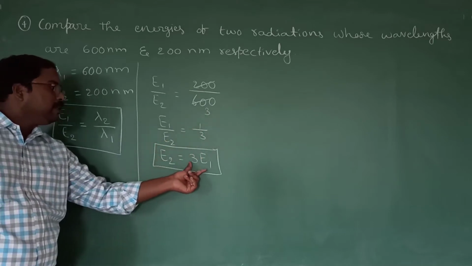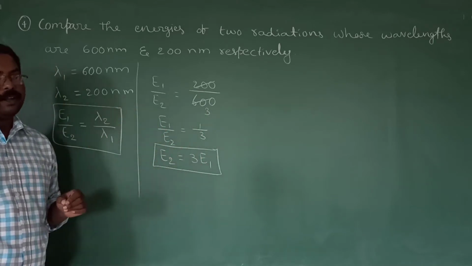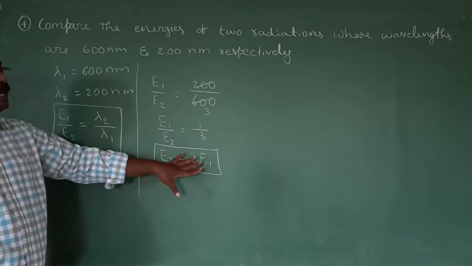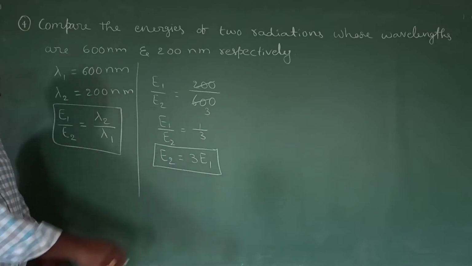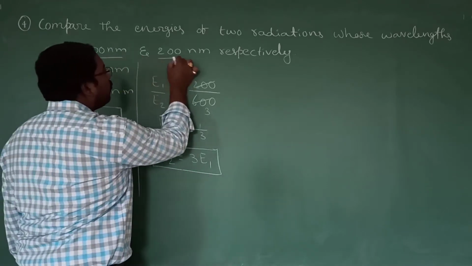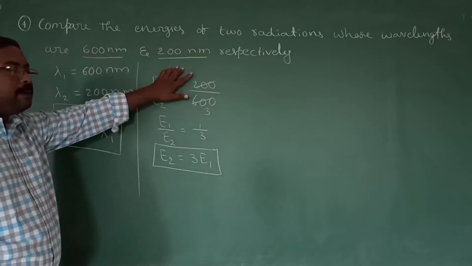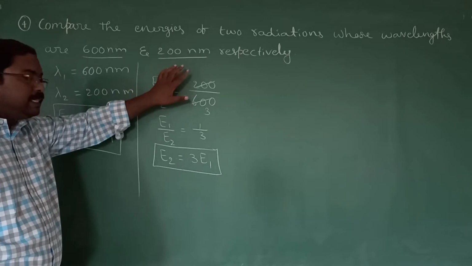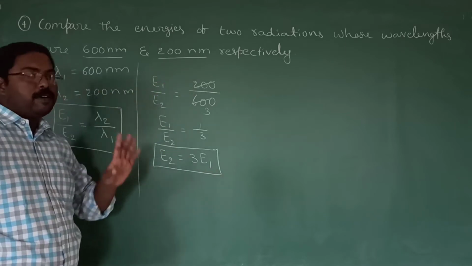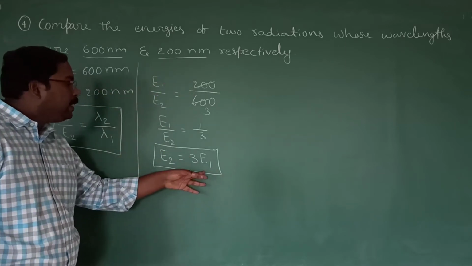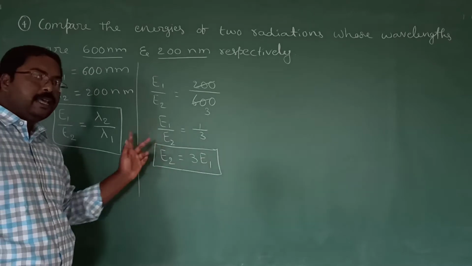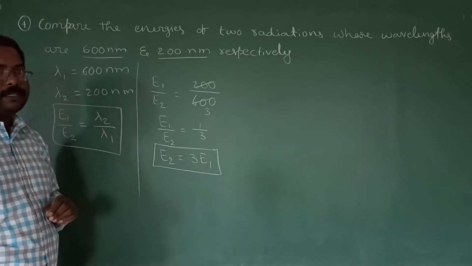So E2 is 3 times E1. So this way we can compare. Or simply by looking at the wavelengths only we will come to know. Wavelength of the second one is less, so the energy of the second radiation is bigger than the first one. How many times bigger? It is 3 times higher than the first one. Okay?